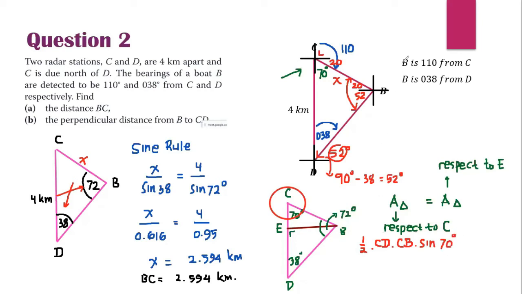And with respect to point E, the right angle, a half times CD times EB. Clear?